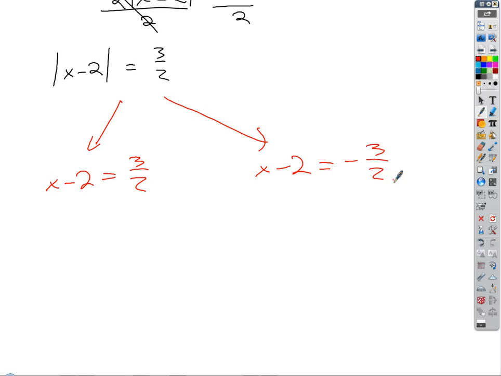We're going to trade for those 2 equations, and now it's easy. Now all we have to do is just solve those 2 regular equations individually, okay? So we add 2 to both sides, and we get x equals 2 plus 3/2, which is 7/2. And over here, if we add 2 to both sides, negative 3/2 plus 4/2 equals 1/2. Okay, make sense?